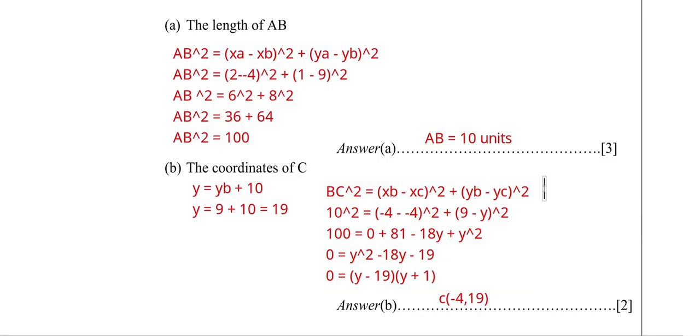And this tells you that y is either equal to 19 or y is equal to -1. So the y coordinate we are looking for is actually this one here. So that's why you are having something like that.